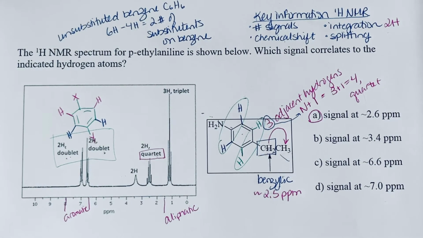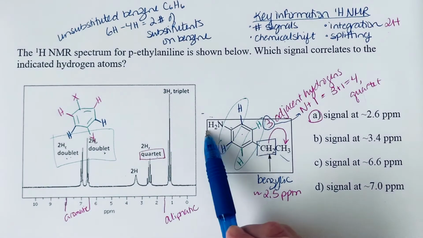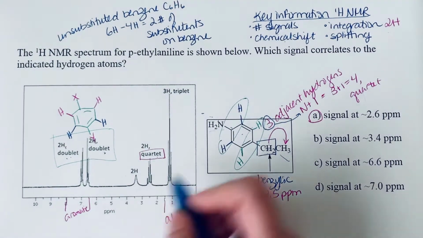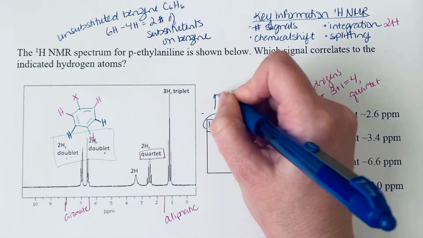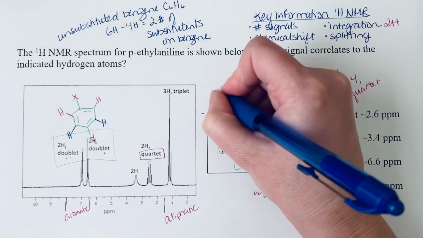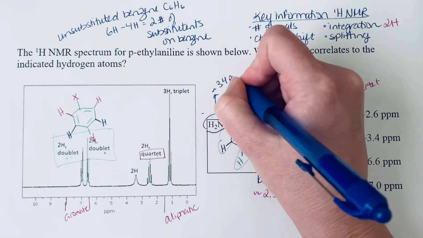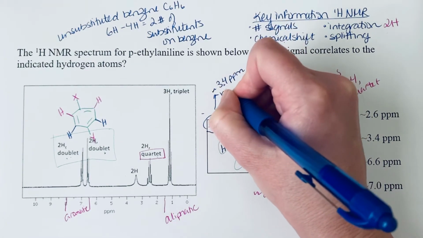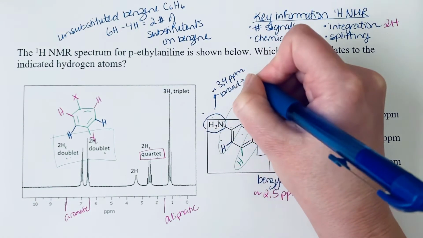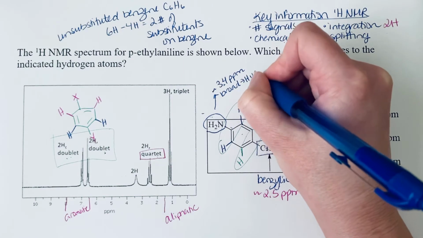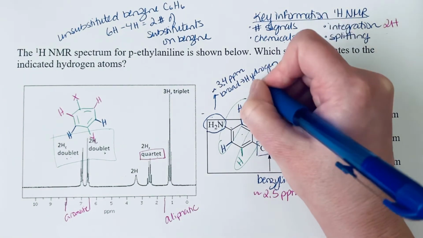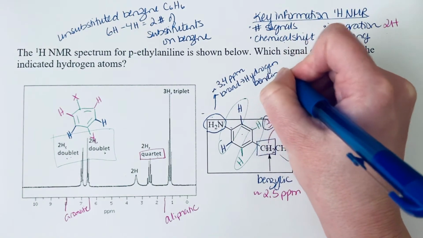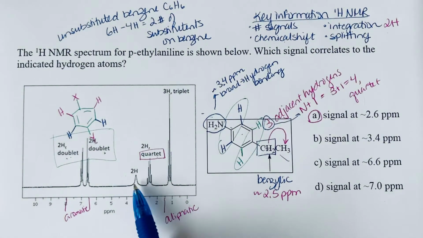Another thing I'd want to talk about here is this NH2 signal. Notice that the signal for this is the signal at around 3.4 ppm. It's really broad, and that's due to hydrogen bonding. You might also notice that it's not split.